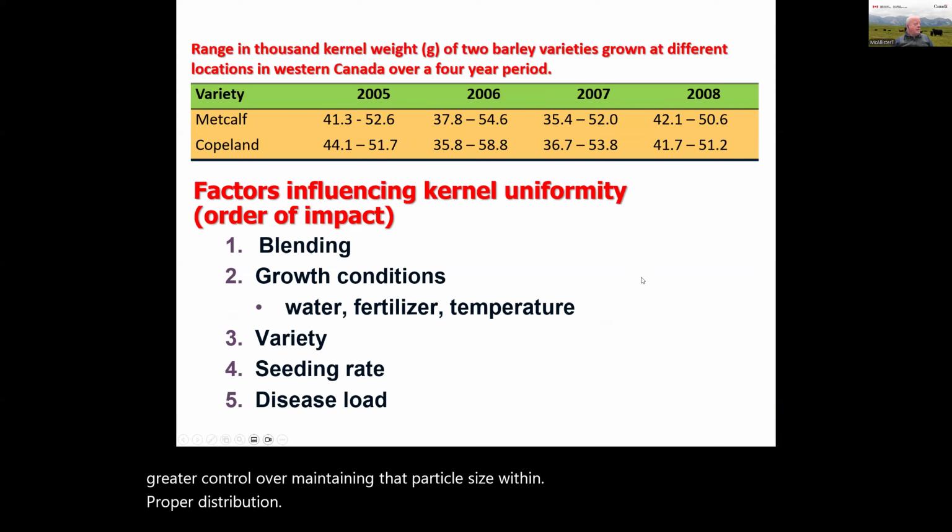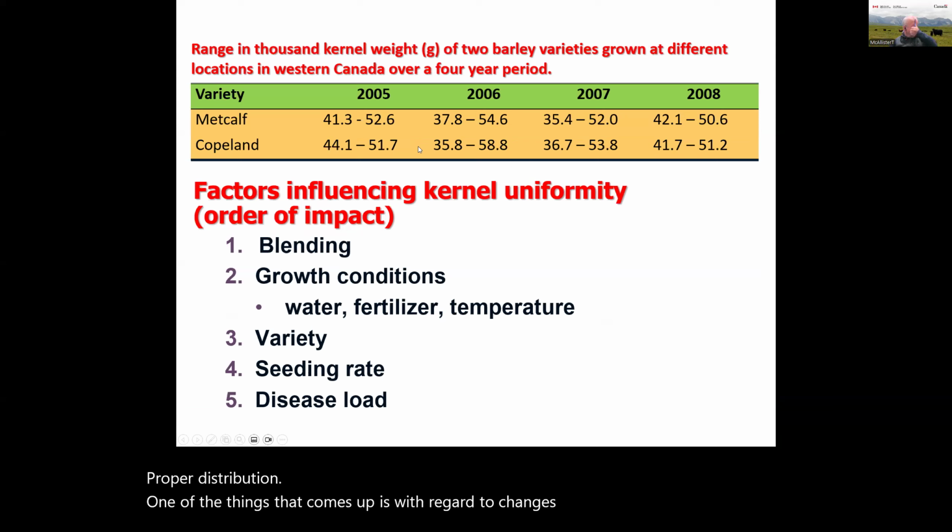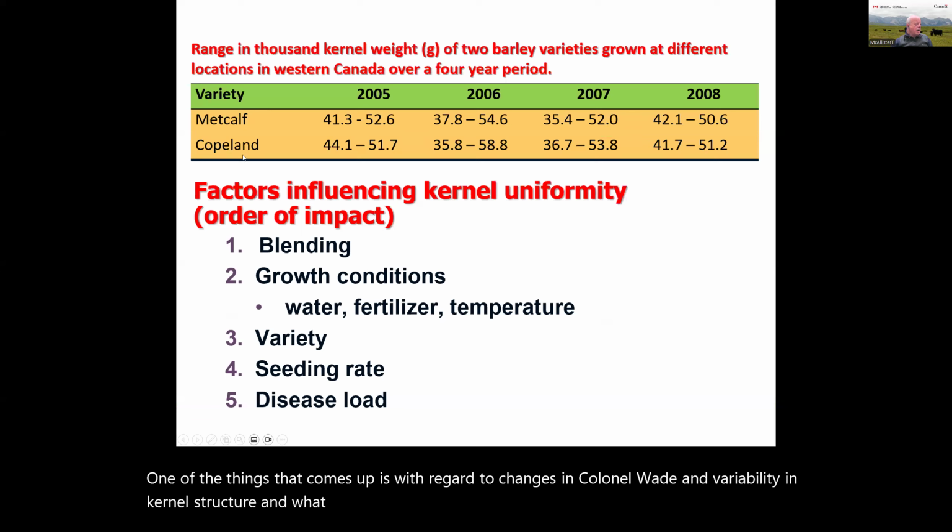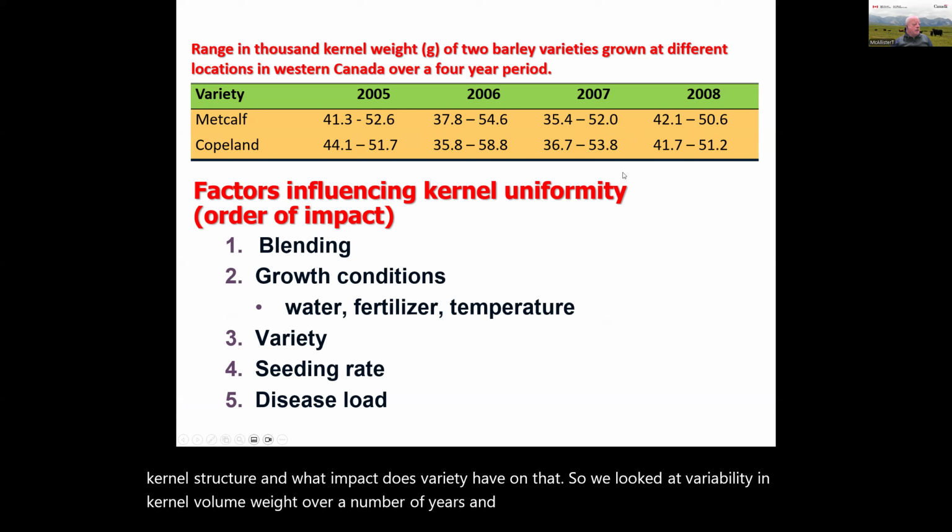Now, one of the things that comes up is with regard to changes in kernel weight and variability in kernel structure, and what impact does variety have on that? So we looked at variability in kernel volume weight over a number of years, and the factors that may influence that.